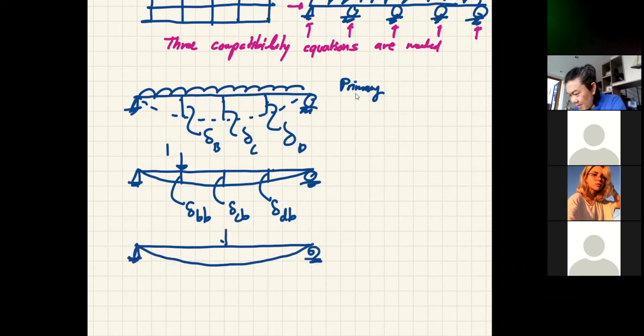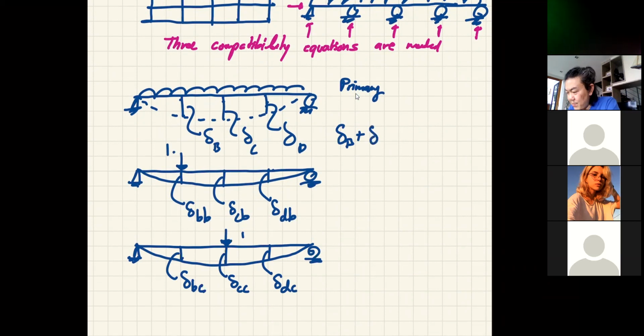Now you apply the unit load at C instead. So now you have delta B caused by load at C, see? Delta C caused by load at C, and then delta D caused by load at C. And you do the same with D. And afterward, you can write the equation that delta B, this is due to the RB, right?